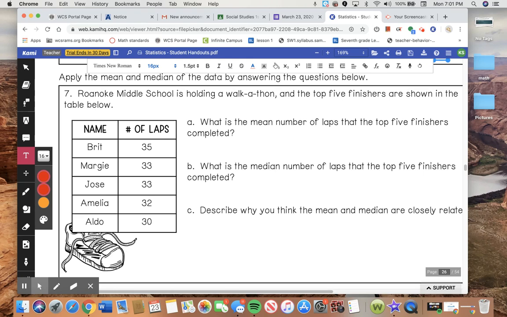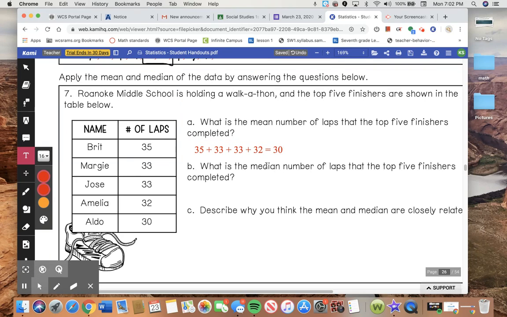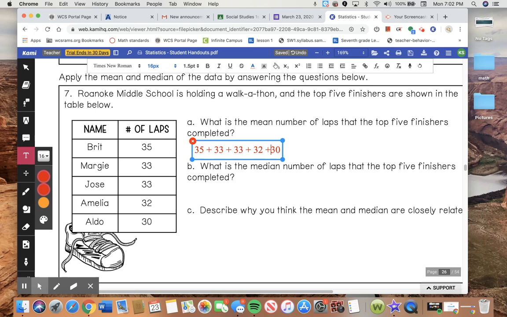So in order to do that, we have to add up 35 plus 33 plus 33 plus 32 plus 30. After adding that up, it gives us 163, but we're not finished yet because it's asking for the mean. So after we add it up, we have to divide 163 by the amount of data points that they gave us.